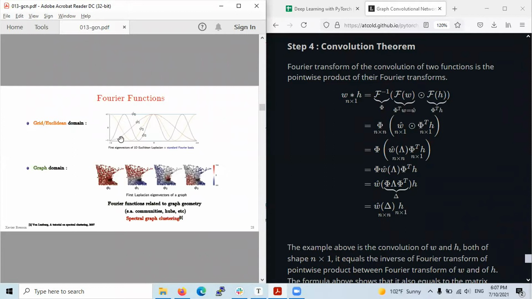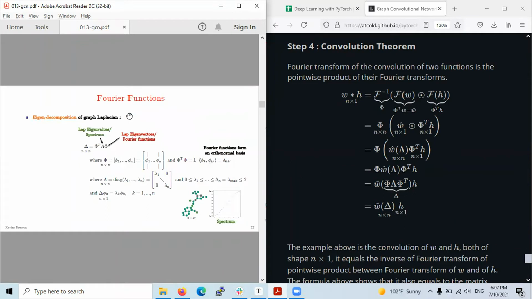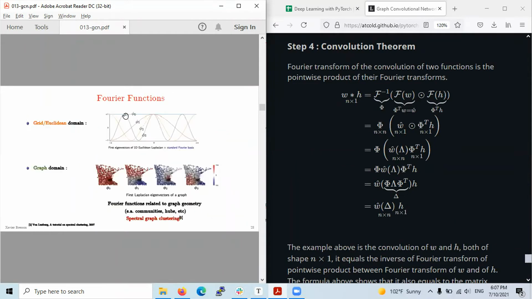So it is a linear combination of sinusoids of various frequencies. All of those eigenvalues that we have seen being split over here would correspond to a certain frequency in the frequency domain.